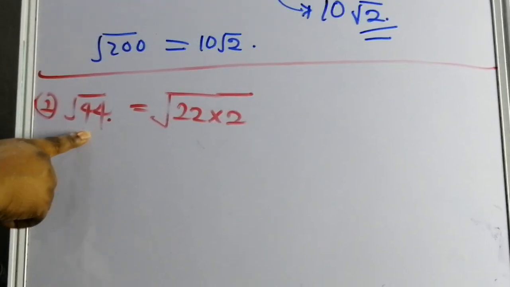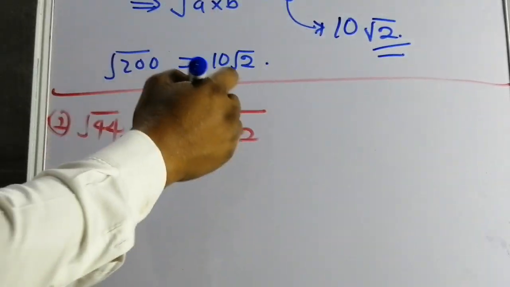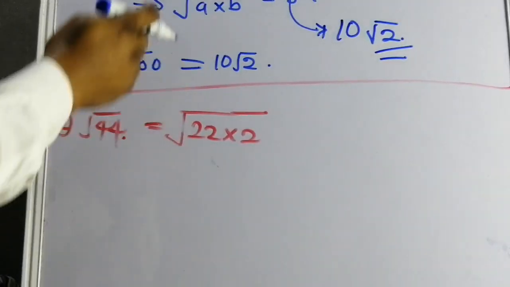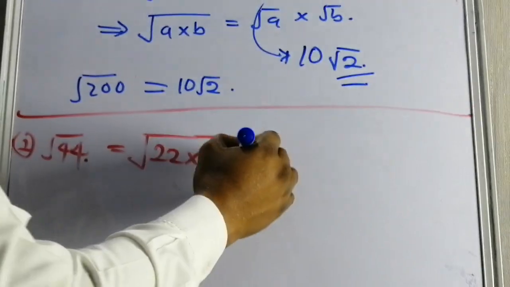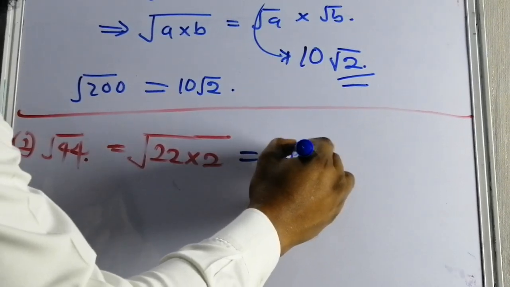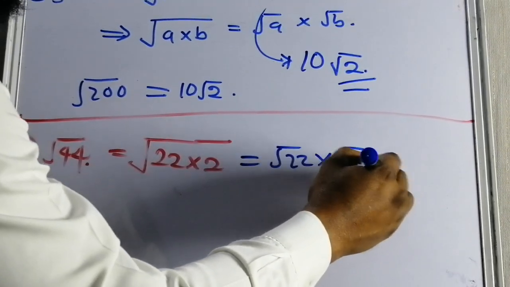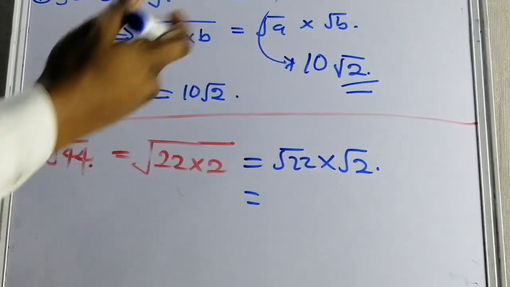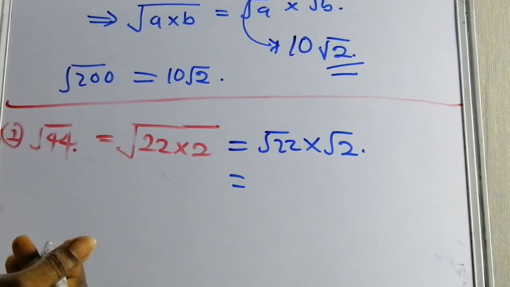If you multiply this now, it gives you 44. The same multiplication table. So this is the same thing as root 22 times root 2. Now, if you look at 22, I can still divide it again.